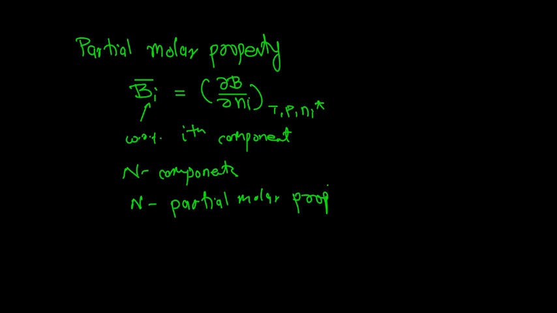But if you want to find out the relationship between Bi bar, which is the partial molar property defined with respect to the ith component, and B, the bulk property, the observed property for the mixture, what is the relationship between these two?